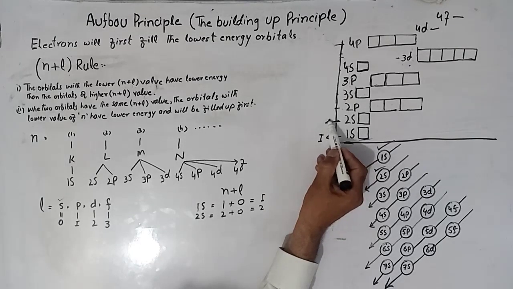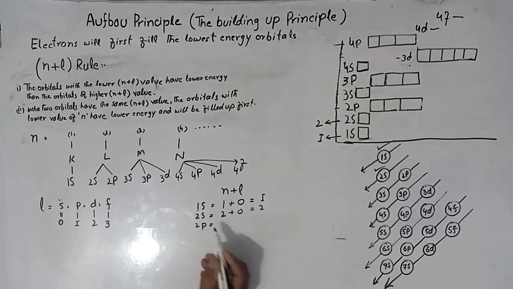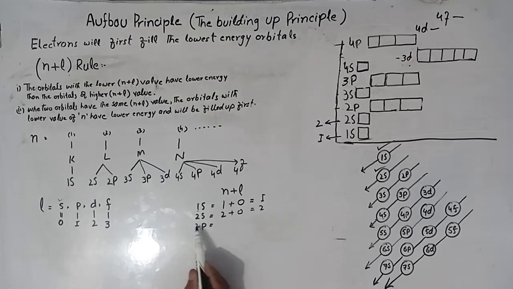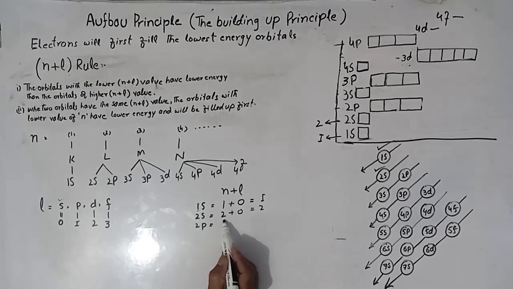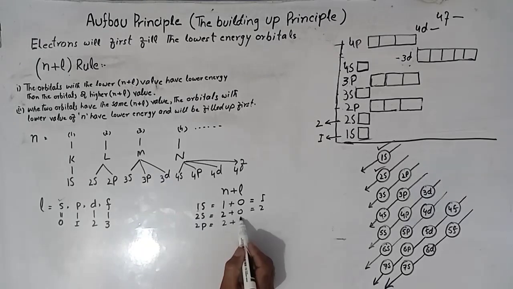For 2p, write 2 for n and for the p subshell write the value 1.